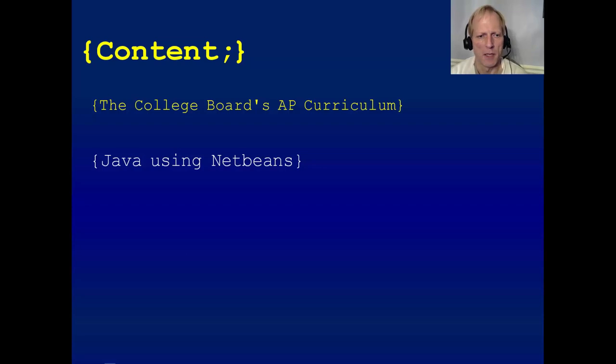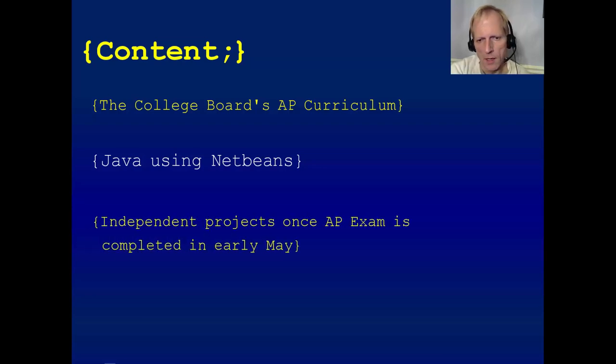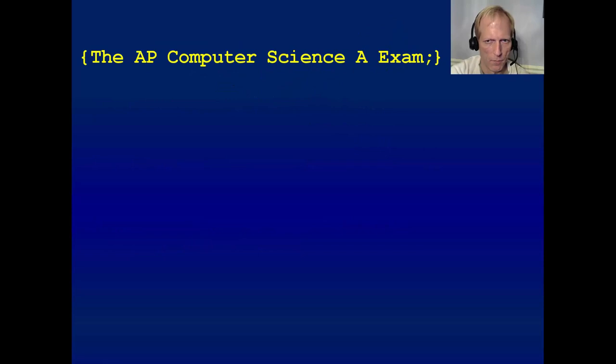Most of the curriculum is based in Java, and we'll be using NetBeans as our tool for Java programming. Once the AP exam is given in early May, I typically have the students do independent projects which can be related to any different programming languages, not just Java.